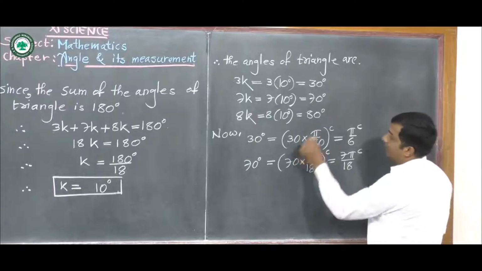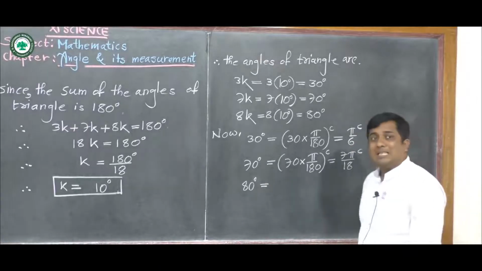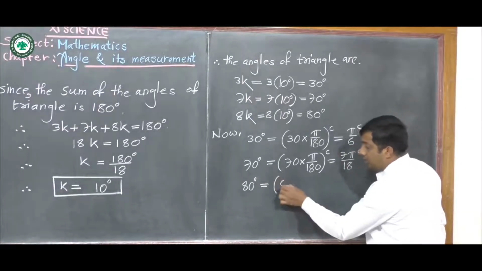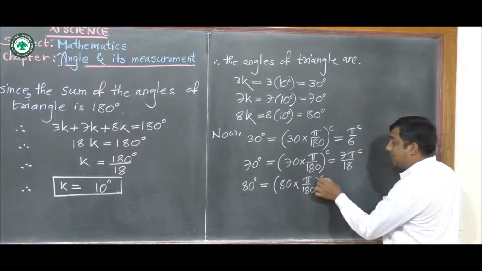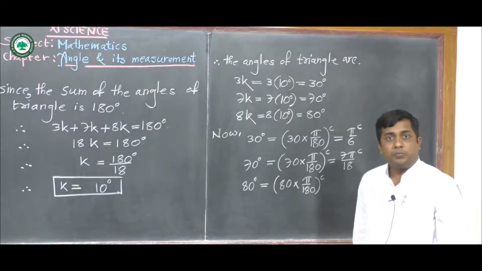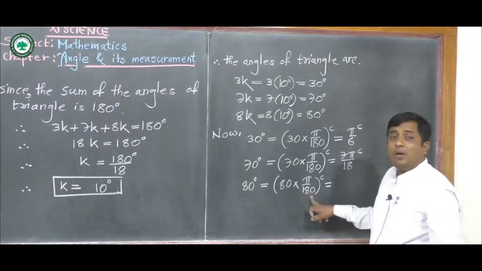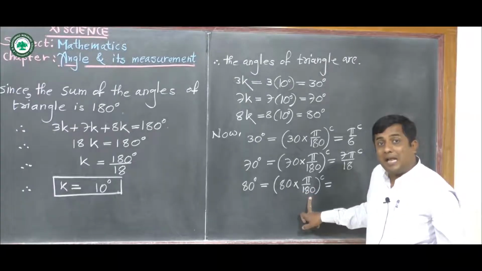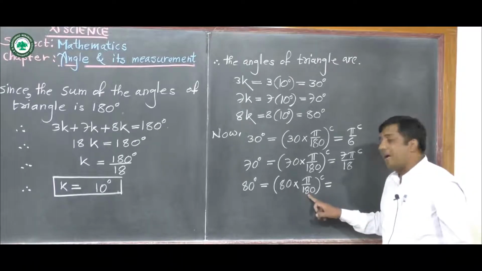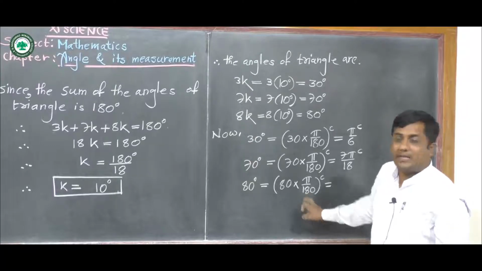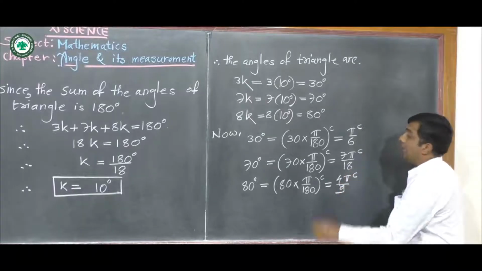Then for the last, given 80 degrees, again to convert this into radian measure, we multiply 80 by pi by 180 radian. Now 80 by 180 is 4 by 9: if we divide 80 by 20, we get 4, and if we divide 180 by 20, we get 9. So we get 4 pi by 9 radian.